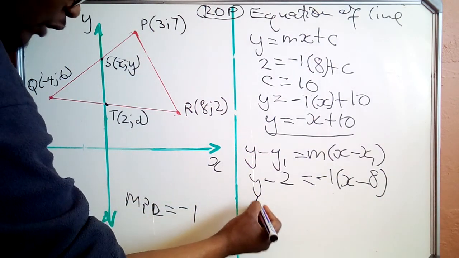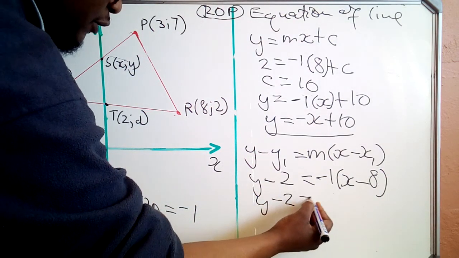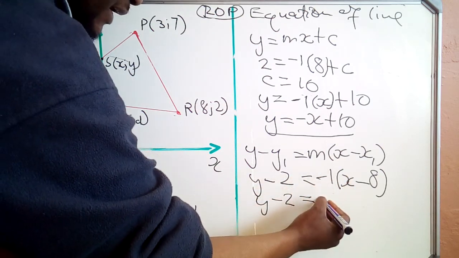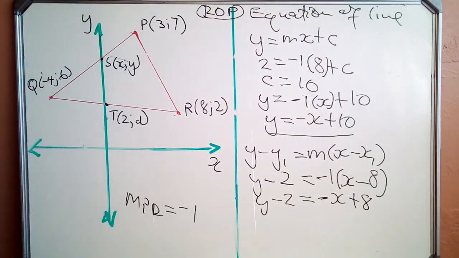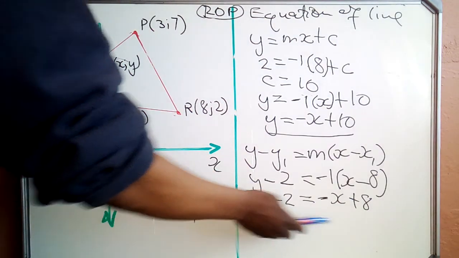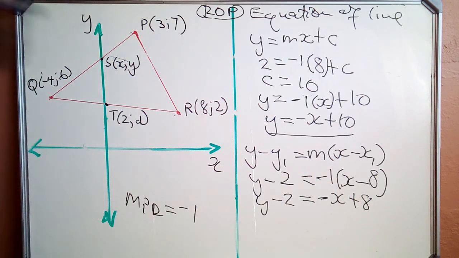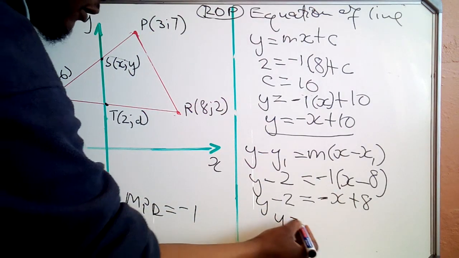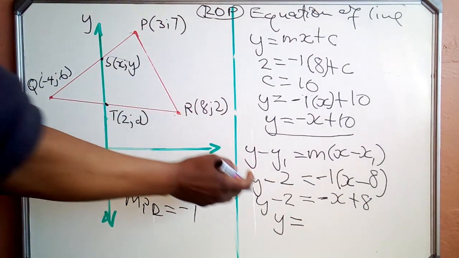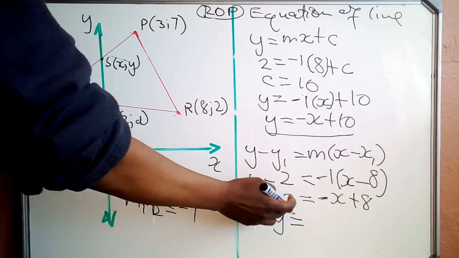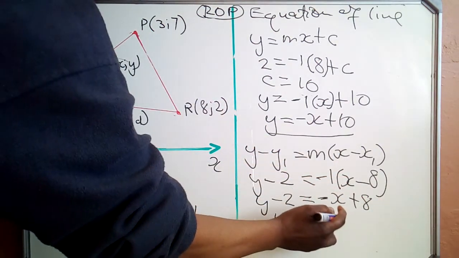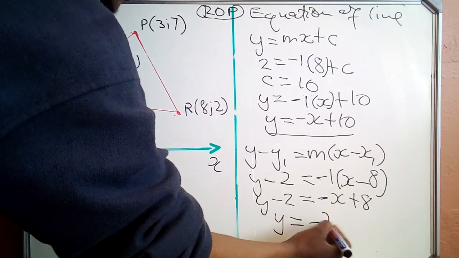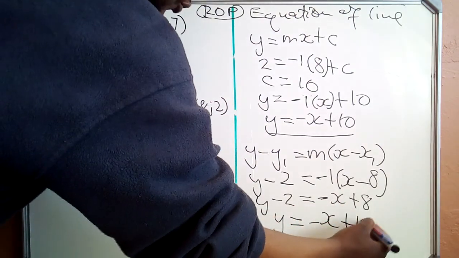You've got y minus 2 is equal to minus x plus 8. Now let us transpose the 2 to that side, and then you'll have y is equal to, again, let us take this 2 that side, so it's going to be 8 plus 2. So we've got minus x plus 8 plus 2, which is 10.